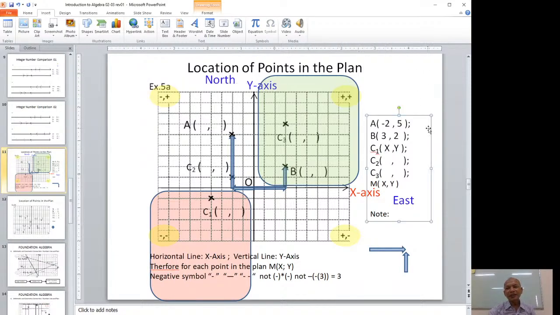Please remember this. If you don't understand, just look at the number, the location and the symbol here. We must know the location of the point and its coordinates, and know whether the number is negative or positive.